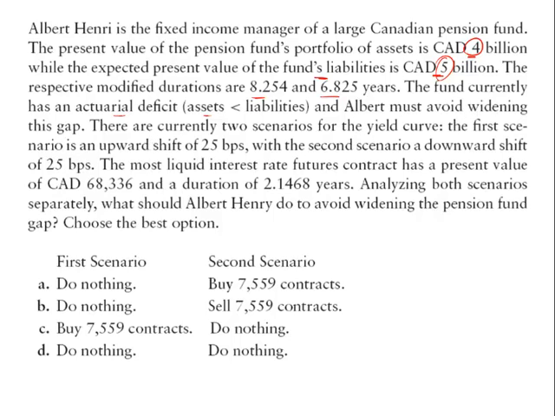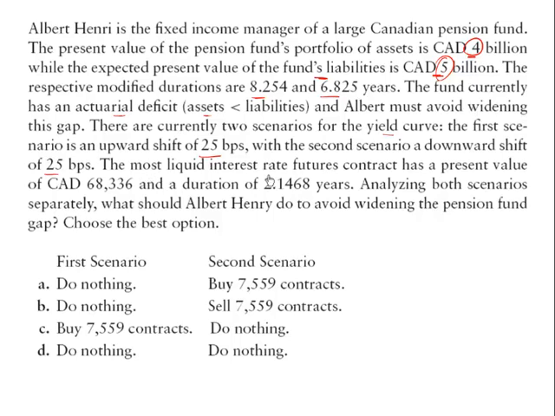There are currently two scenarios for the yield curve. First scenario is an upward shift of 25 basis points. That is, all interest rates can go up by 25 basis points. Second scenario is a downward shift of 25 basis points. That is, all rates can go down by 25 basis points.